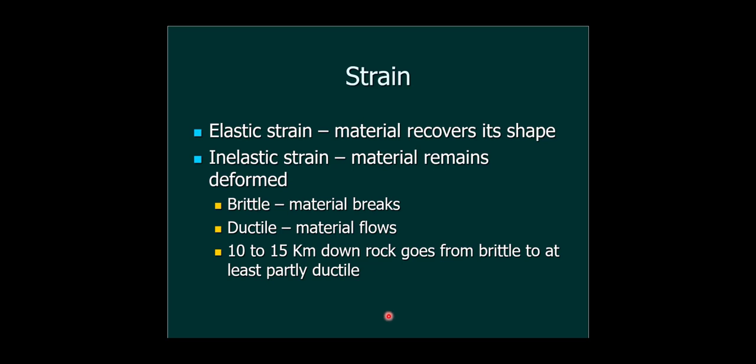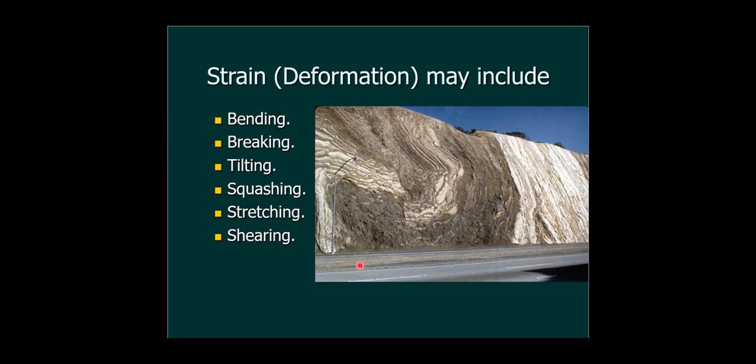And not just bending. I mean, there's a lot of different things that can go into rock being deformed, right? It can bend. It can break, it can tilt, it can squash, it can stretch, it can shear. There's all kinds of things it can do here, right? I chose this picture, which I honestly just found on the internet, because you can see all of that here.